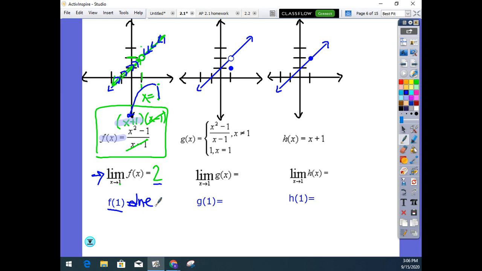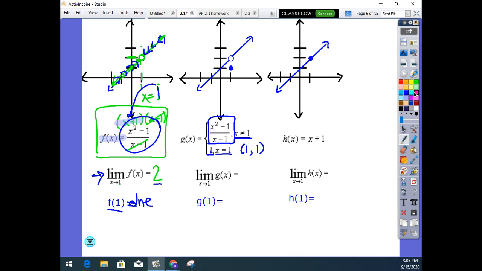All right, so notice what I did in the second one. I took the original function and made it a piecewise function. I said, let's use this graph for everything except 1. But at 1, I'm going to define my y value as 1. So we still keep this line with a hole in it. But when x is 1, y is 1. I'm going to graph the point 1, 1. All right, so the limit of g of x as x approaches 1.